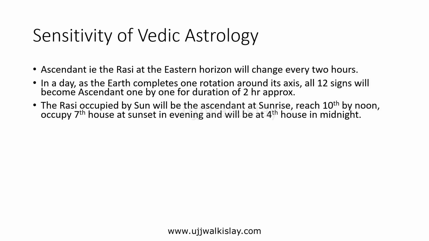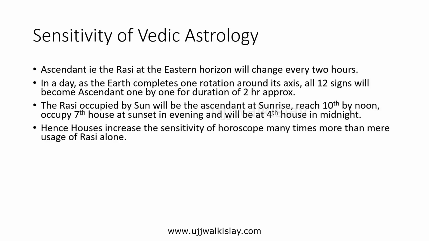Sun will reach the 10th house by the noon when it is just above our head. The Rashi occupied by the Sun will occupy the 7th house at the sunset, as the Sun will be setting on the western horizon. Progressing ahead, at the time of midnight, the Sun will be at the 4th house. Hence, houses increase the sensitivity of horoscope many times more than mere usage of Rashi alone.